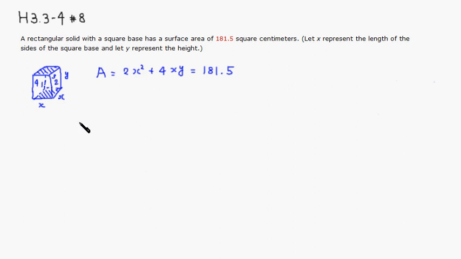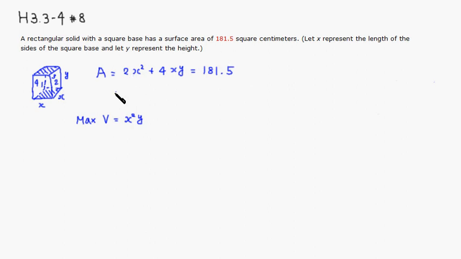Then the volume, so we want to maximize the volume V, which is equal to x times x times y, right? Since we do not want to deal with two variables, I'm going to try to get rid of y using the first equation.